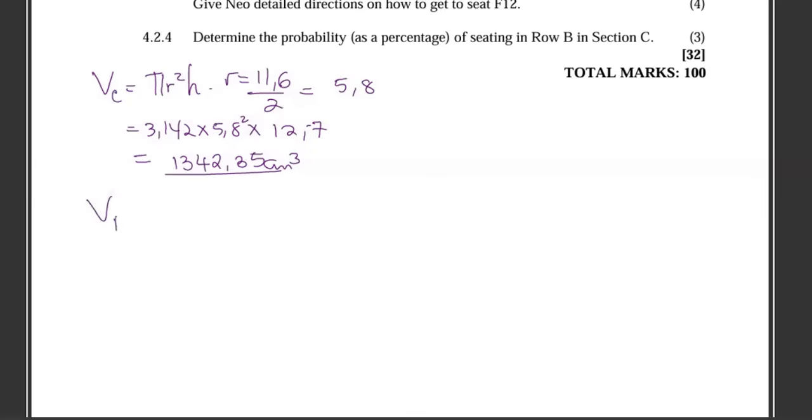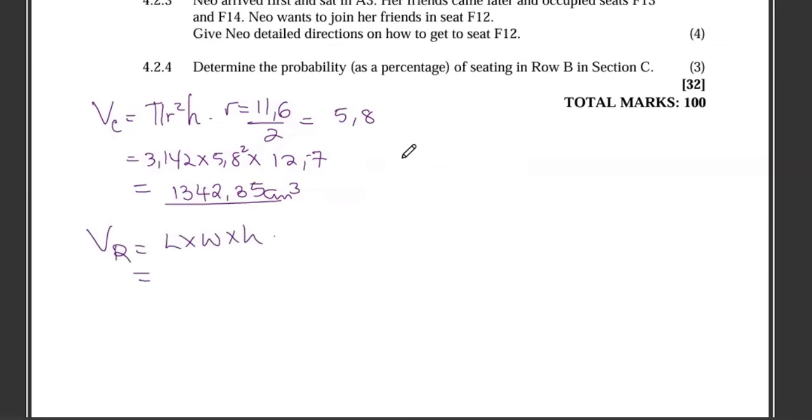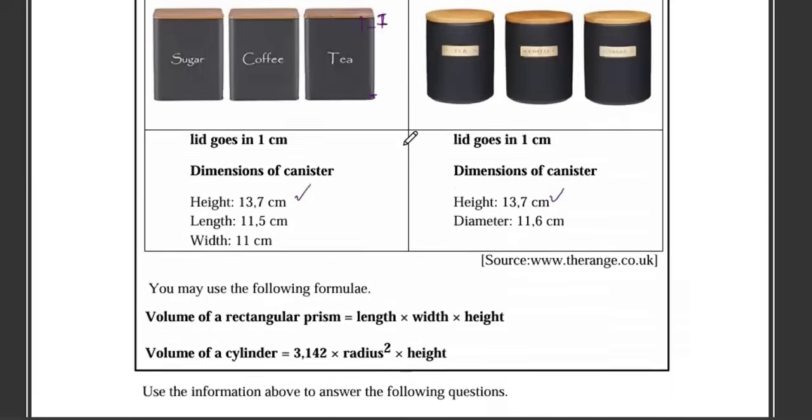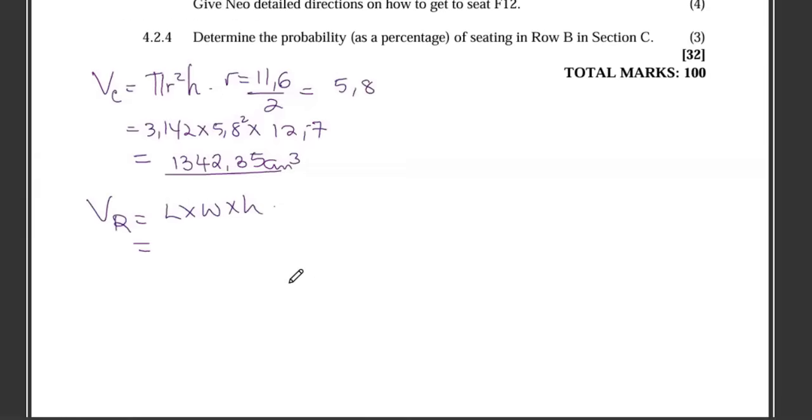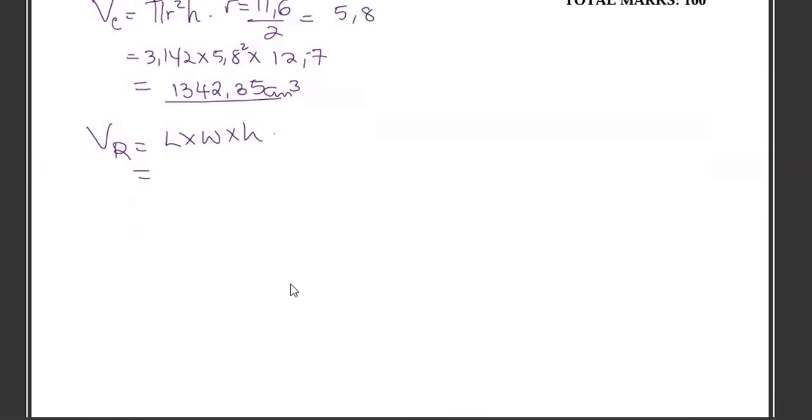Then what about the rectangular prism? Remember it says length times width times height. So the length is 10.35. The width is 11. The height has become what? 12.7. Remember, we are looking at the volume of sugar, not the volume of the can.